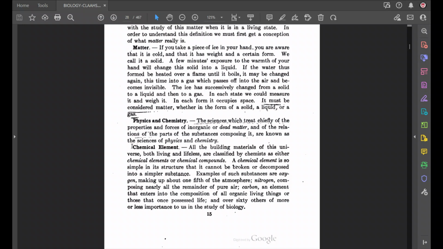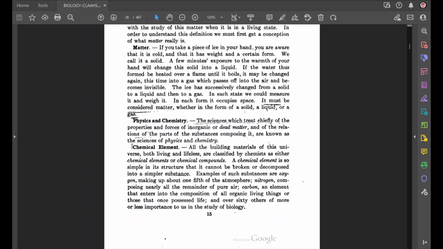All the building materials of this universe, living materials and lifeless materials, all the building materials are classified by chemists as either chemical elements or chemical compounds.